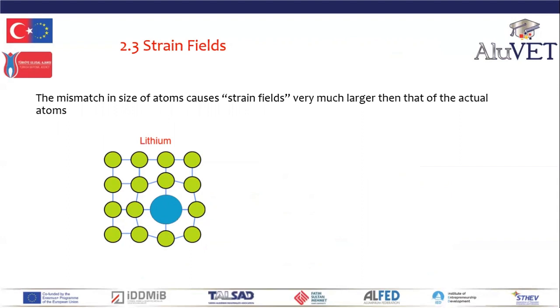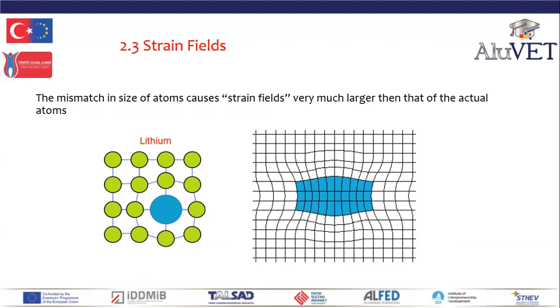What I'm trying to say is we might have one atom substituted for aluminium, but because that alloying atom has distorted the crystal structure, it is distorting the crystal structure much, much greater than just the one atom. So by putting an alloying element into the crystal lattice of aluminium, we completely distort the crystal lattice.